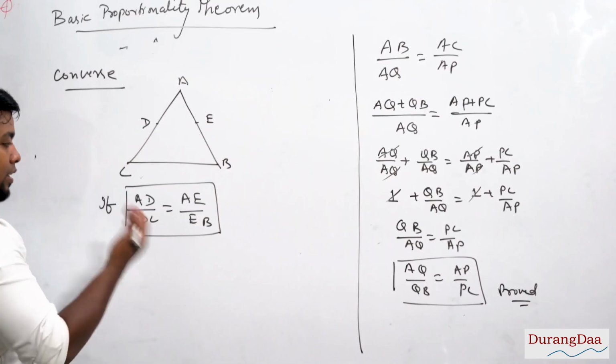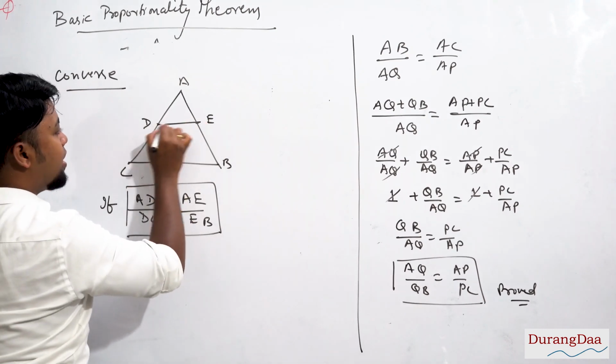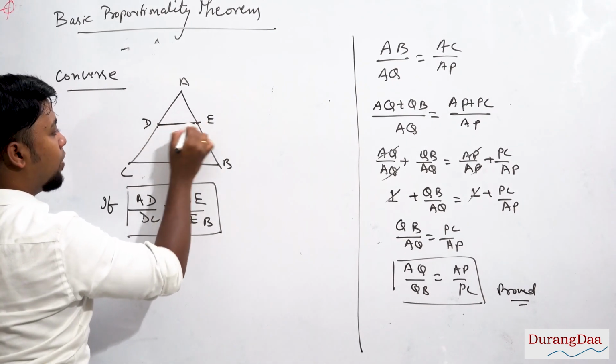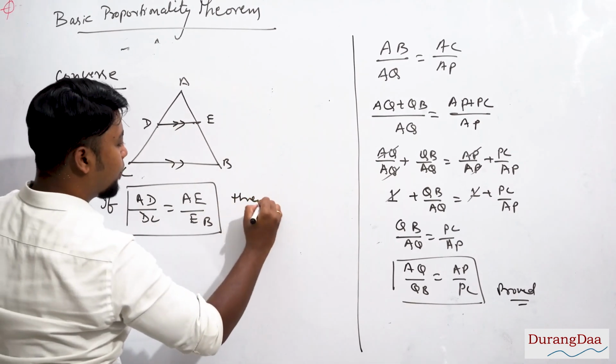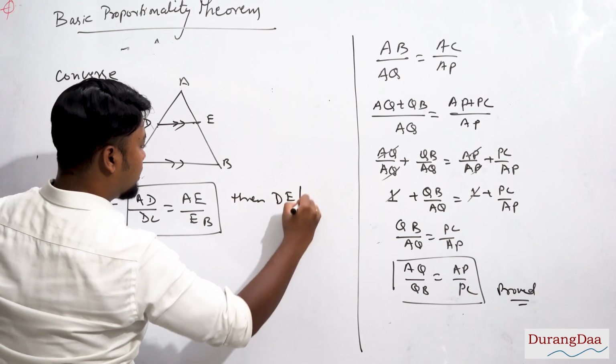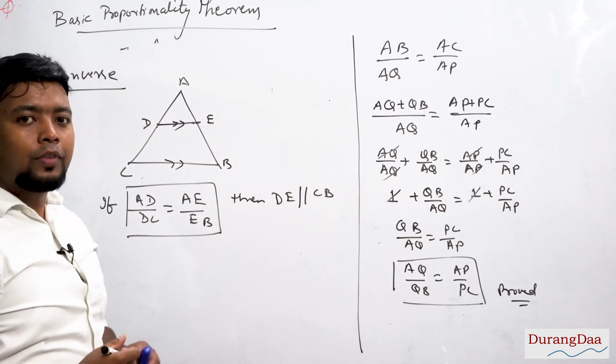Then if you join points D and E, the line connecting them would be parallel to CB. So we can write DE is parallel to CB, just the opposite of the previous theorem. I hope this is clear.